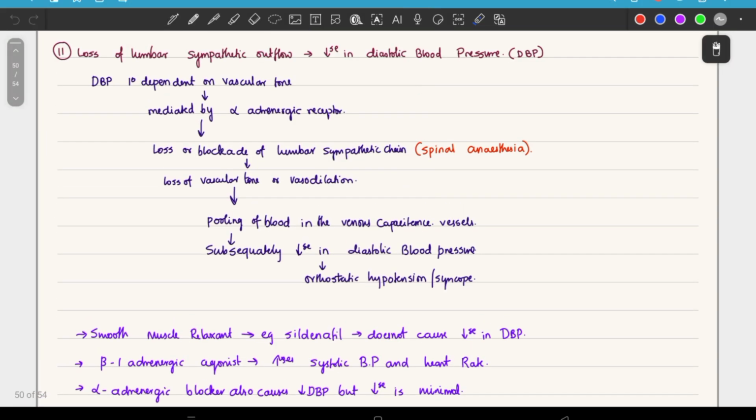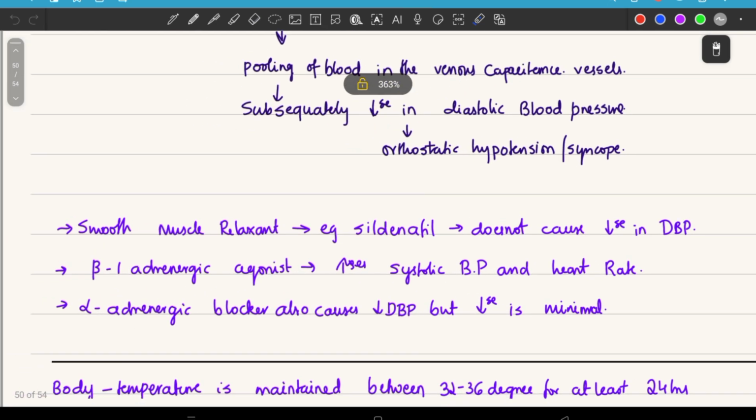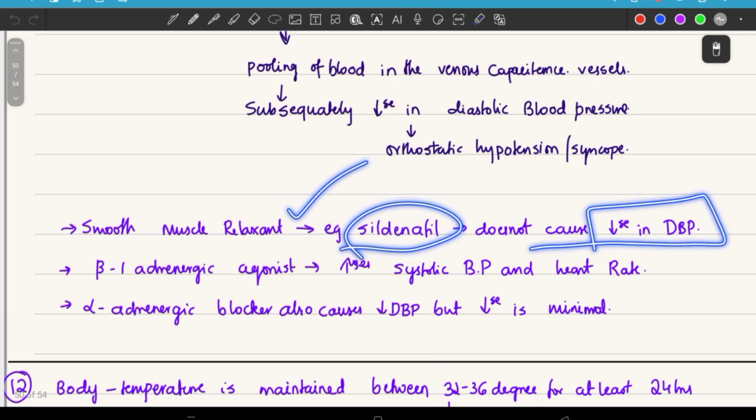This one sentence: lumbar sympathetic outflow blockade is nothing but spinal anesthesia. Loss of lumbar sympathetic outflow decreases the vascular tone and there is a decrease in the peripheral vascular resistance. Hence, the diastolic BP will decrease. Other options: a smooth muscle relaxant, for example sildenafil, does not cause a decrease in diastolic BP.